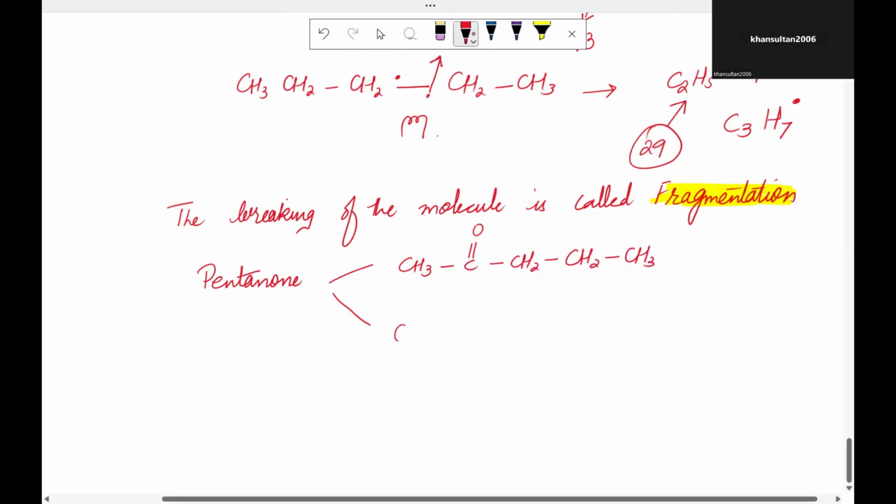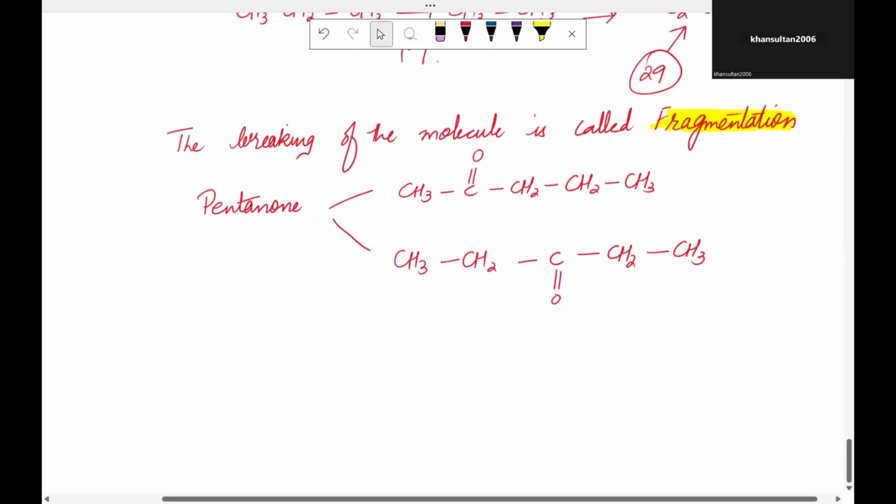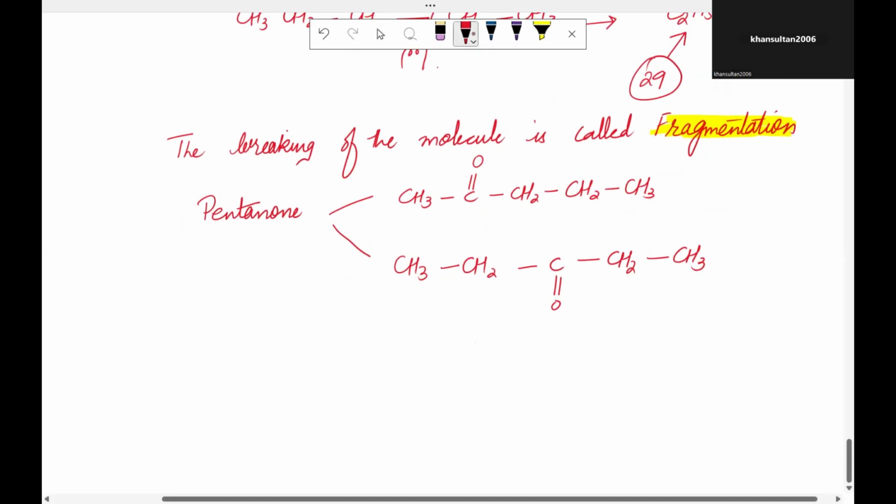Then we have CH3 CH2 dash C double bond O dash CH2 dash CH3. The total molecular formula of pentanone is C5H10O, so its molecular mass is 86.